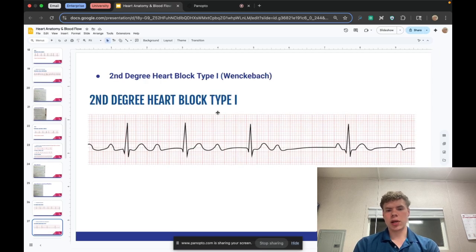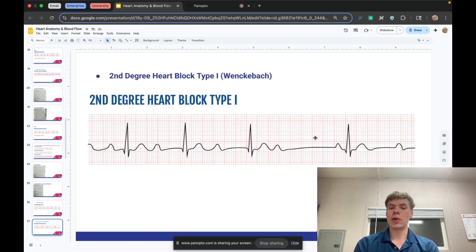And this is second degree heart block type 1. It's kind of like the first degree heart block, where you have your P wave, your QRS, your T wave, everything looks normal. The P wave is progressively getting farther away from the QRS until eventually it skips a beat, right? So as you can see here, normal, P wave gets farther away from QRS, P wave gets farther away from QRS, and then right here it skips a beat.